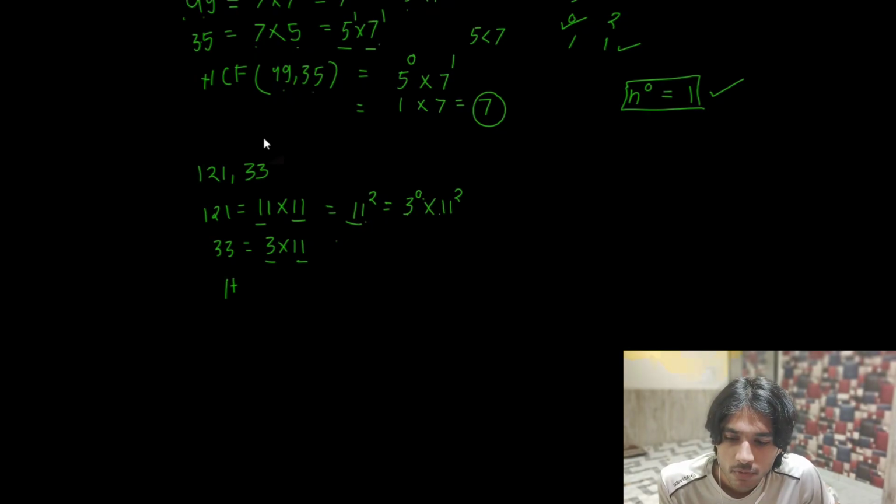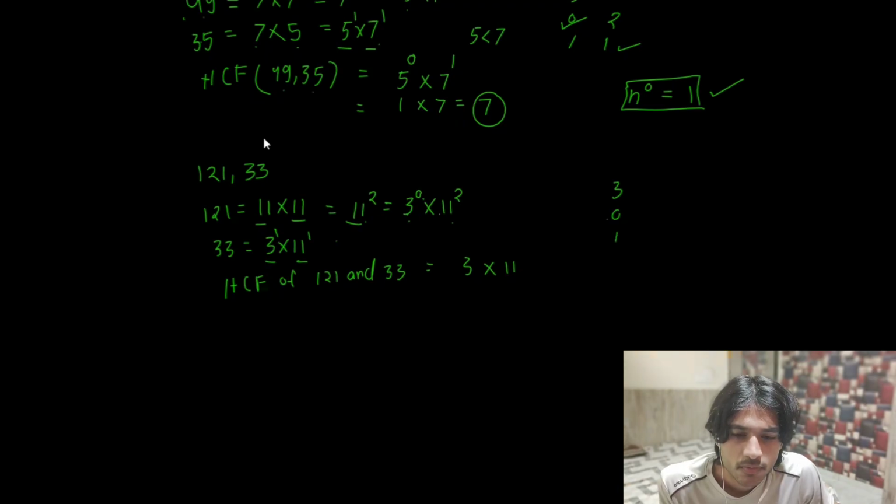Now if I have to find the HCF of 121 and 33, I will write all the prime numbers. Here 3 and 11 are the prime numbers, 3 multiplied by 11, and I will take the lowest power. 3 has the power 0 here and power 1 there.